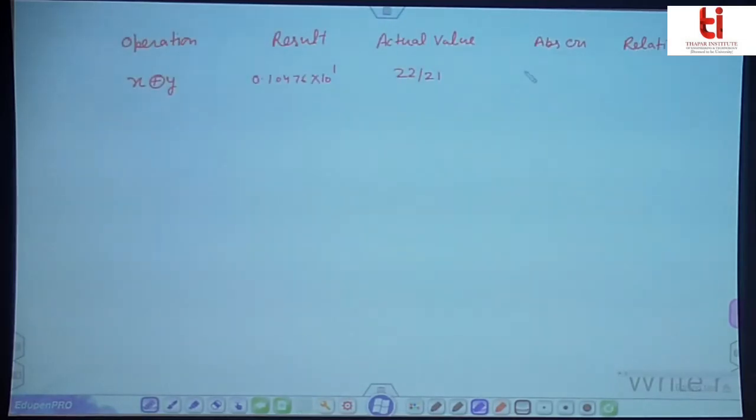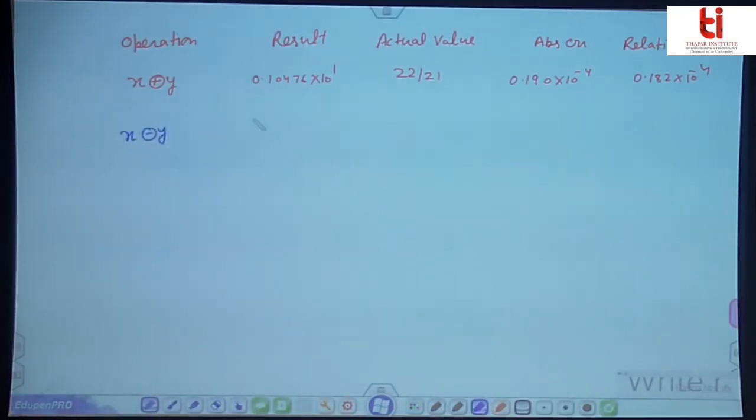So the absolute error in the previous case we computed, that is 0.190 into 10 raised to the power minus 4, and the relative error is 0.182 into 10 raised to the power minus 4. Similarly, we can compute the value of subtraction, that is x minus y.